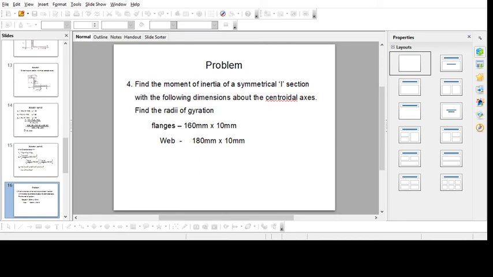So that is equal to, it is simply 37.37 mm. Okay, so it is 37 mm. So this is how we calculate the radius of gyration and moment of inertia.